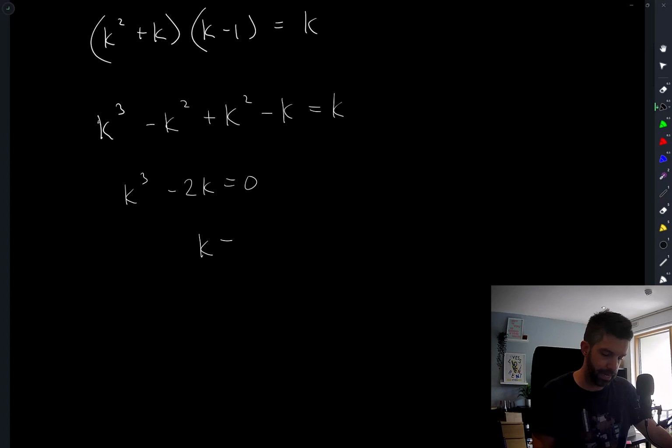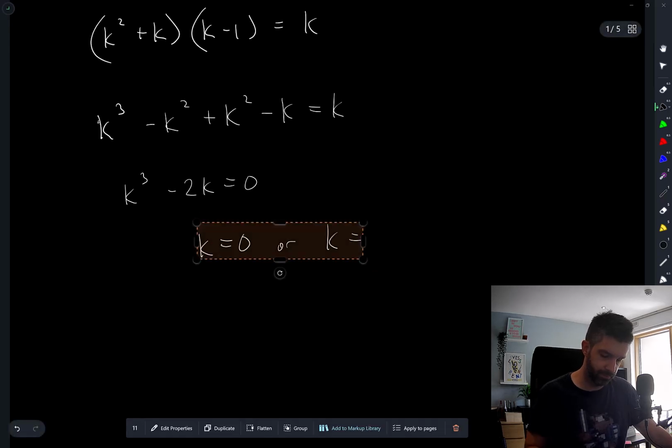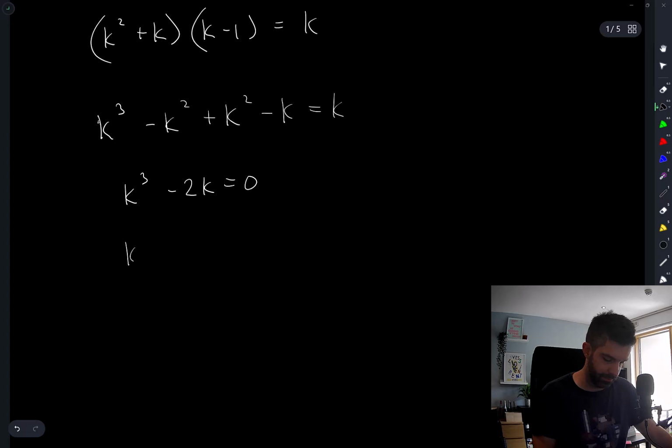So this says k equals 0, or k squared minus 2 times k is equal to 0.